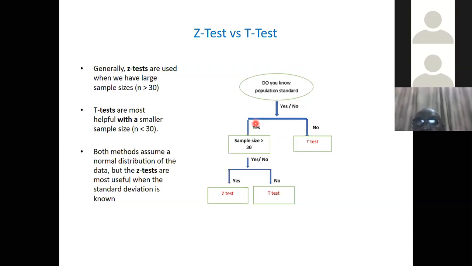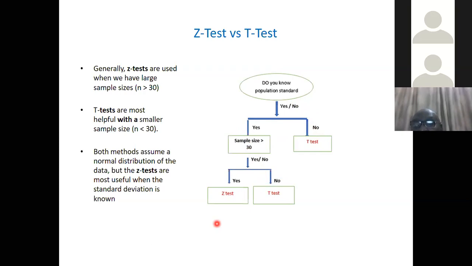If it is yes, okay, you still cannot use Z until you find out if the sample size is greater than 30. If it is not greater than 30, you still have to use T. It is when the sample size is greater than 30 that you can use Z.